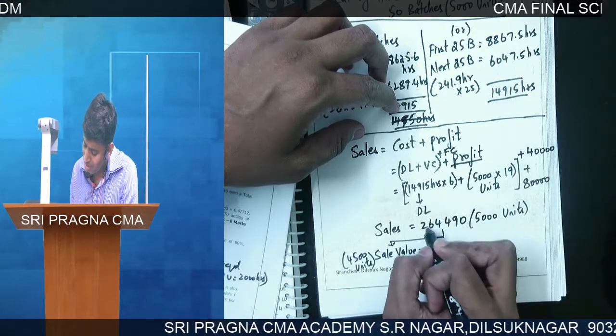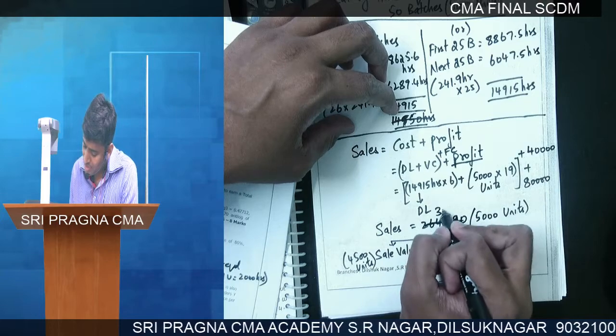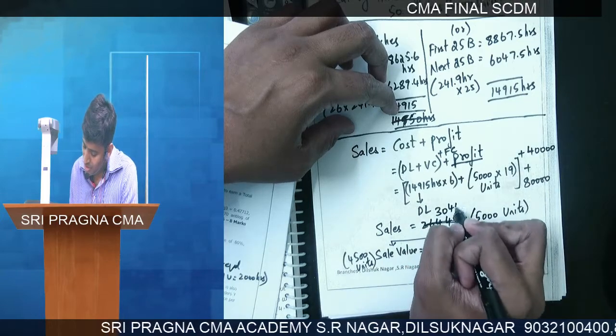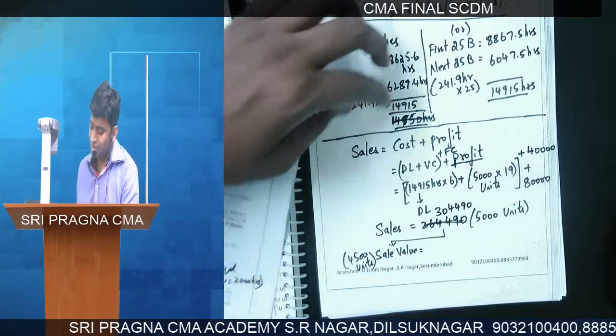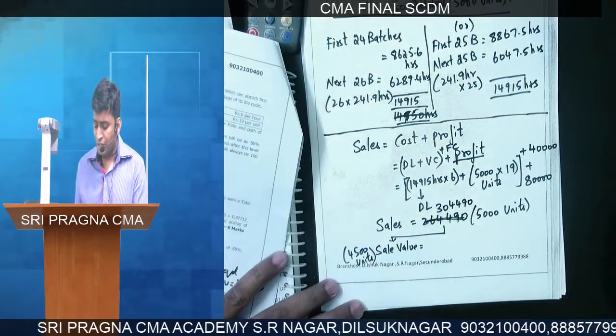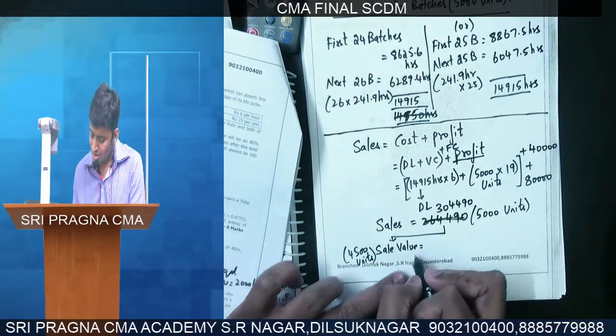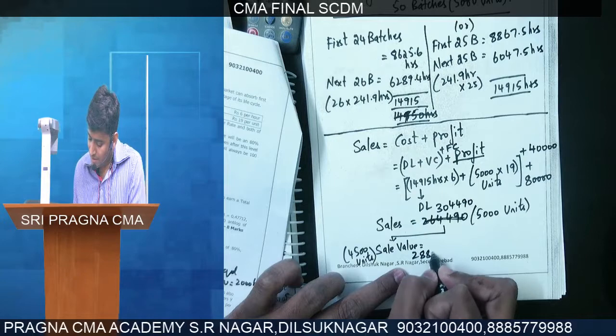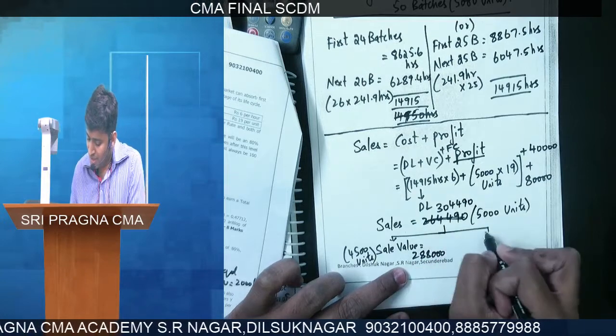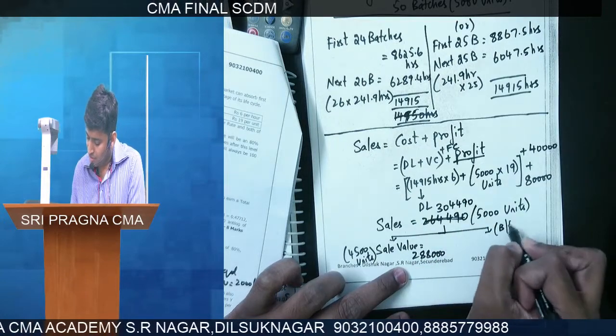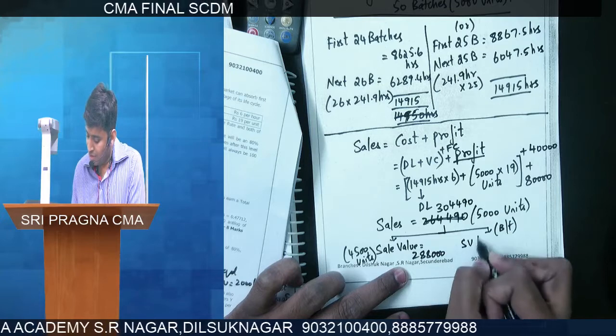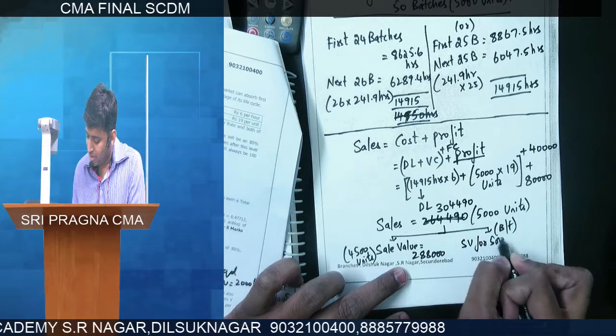So this becomes 3,04,490. Correct. What is the sale value for the first 4,500 units? 2,88,000. Minus it. Sale value for 500 units.